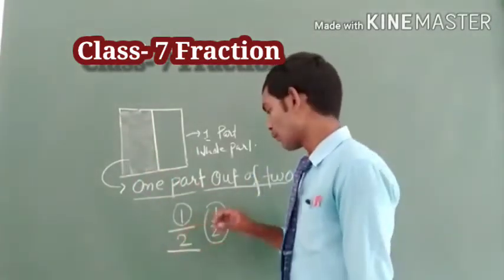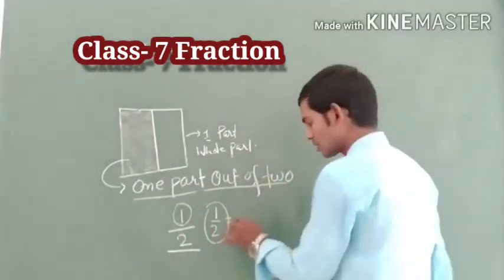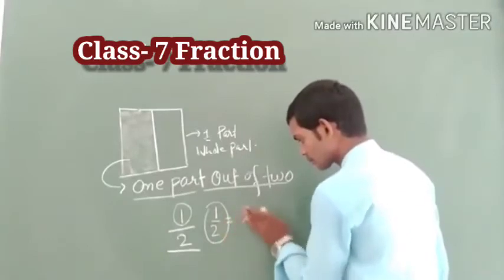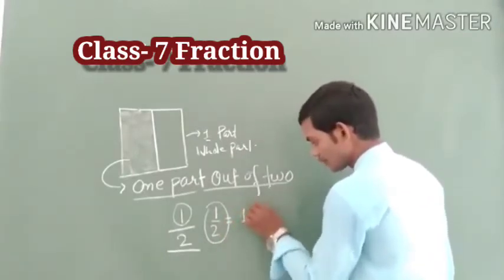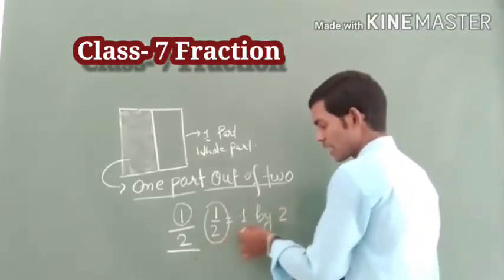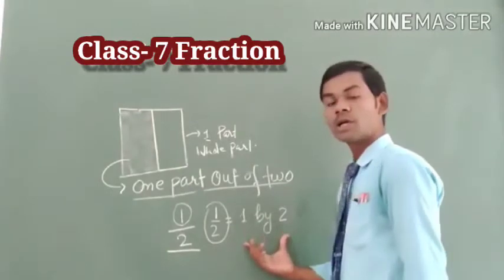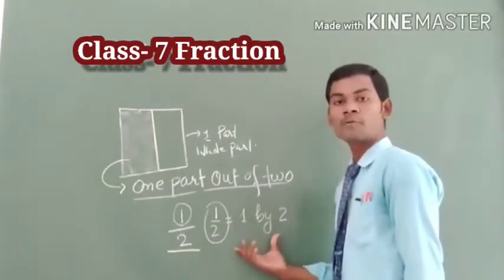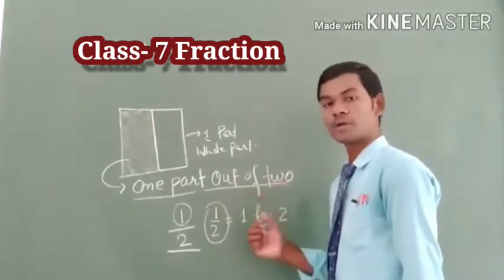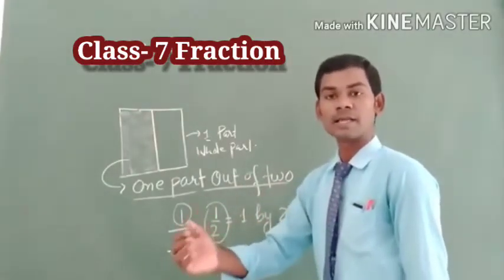Okay, so we read this fraction as 1 by 2 and the meaning of 1 by 2 is one part out of 2 shaded, or you can say that half of the square is shaded.